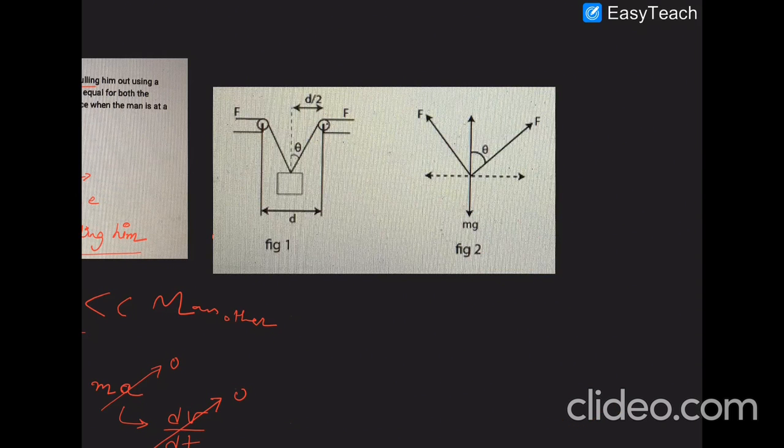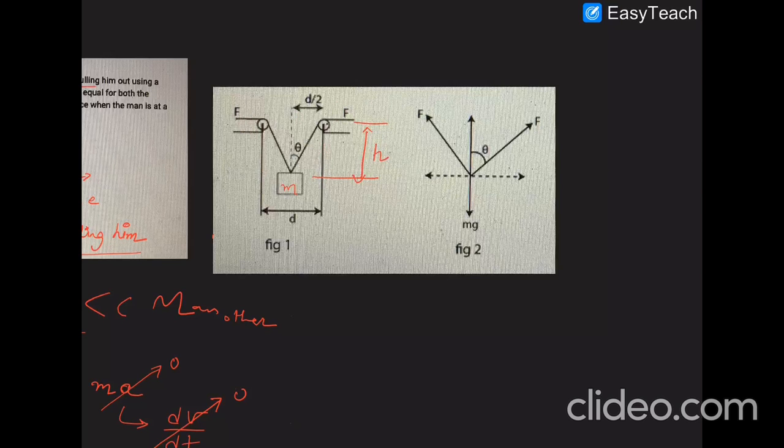Now we will see how this problem can be perceived in terms of all the dimensions given in the problem. This is the person having a mass, suppose m. These are the two persons pulling with equal forces F, and this dimension is h.